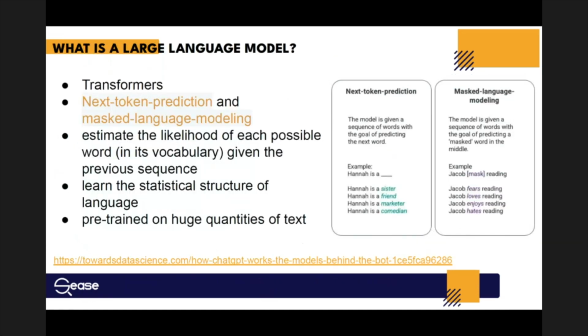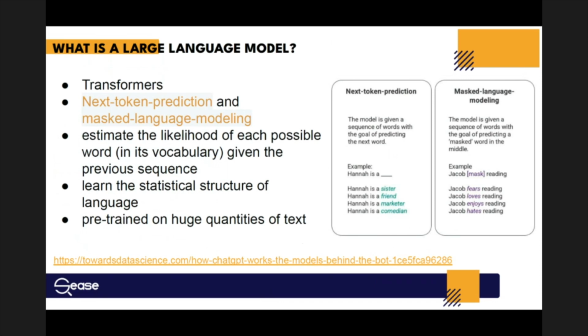So most large language models nowadays are based on the transformer architecture, and they are pre-trained on huge quantities of text, like internet-scale quantities of text, to effectively learn to predict the next token or to predict a missing token, a missing term in a sequence of terms.